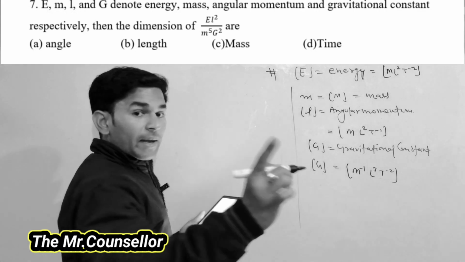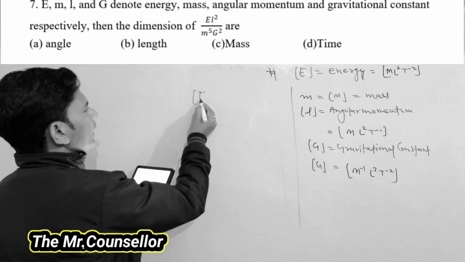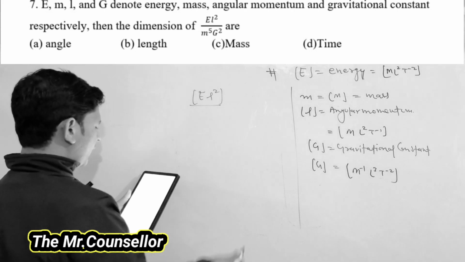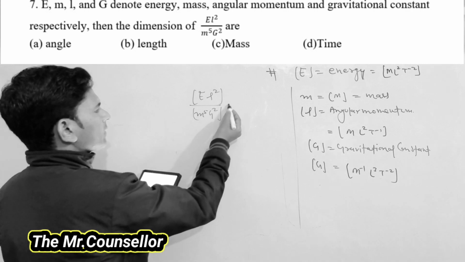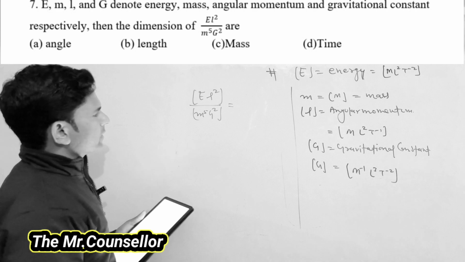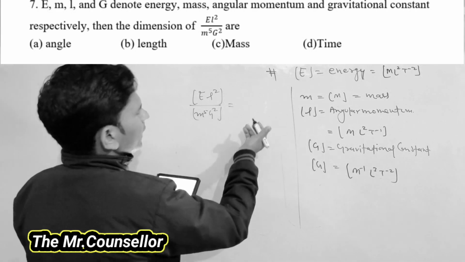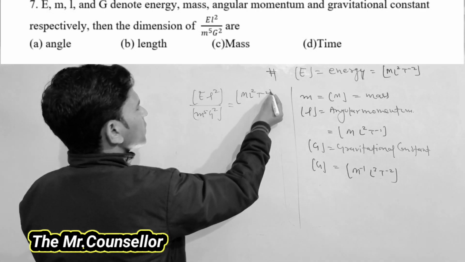So finally what are they asking? They are asking the dimensional formula of EL square divided by m power 5 G square. Okay, so now you can place the values and you will get the answer. E means energy, m L square T minus 2.